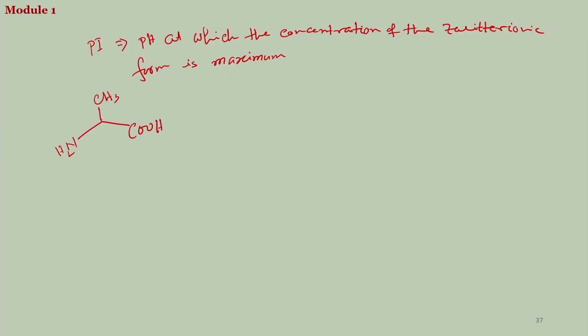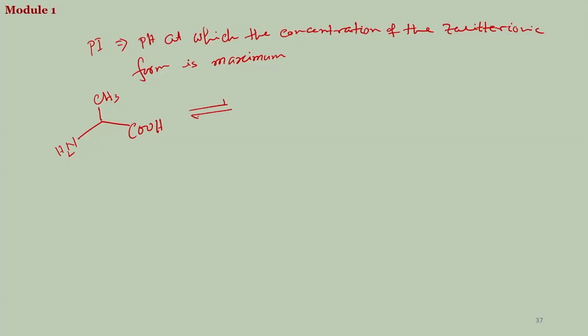So, if I now draw the structures of the amino acid starting with the very low pH, what are the structures that are possible, or what are the equilibriums that are possible, and then how can you find out the pI from there. If you start with a very low pH, acidic pH, then all of the functional groups would be protonated because this is dipped in strong acid.